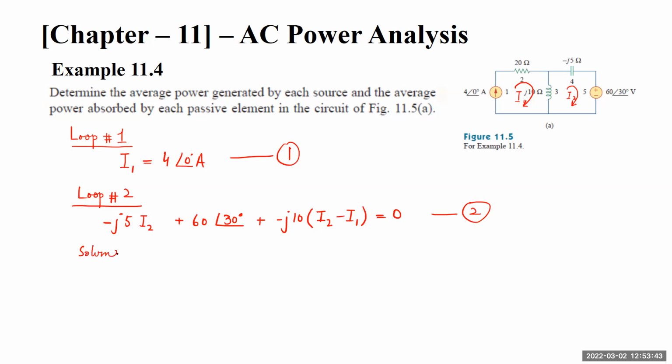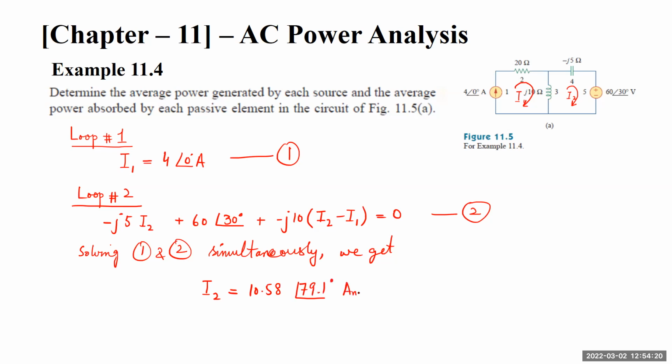Solving equations 1 and 2 simultaneously, or just plugging in the value of I1 in this equation, we get I2 equals 10.58 angle of 79.1 degrees amperes approximately.